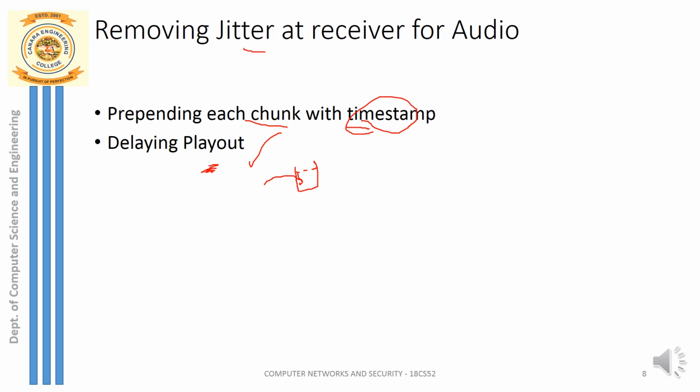Once those many bytes are accumulated in the buffer at the receiver's end, then he can start his play out. So all chunks are played in that case without any disturbance. So maintain a threshold and wait until the bytes are filled up to that threshold. Once the threshold is filled, the receiver can start his play out at his end. So in both the cases here, jitter will be removed to some extent.